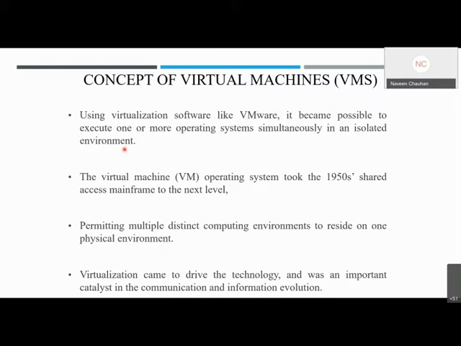Whenever we are talking about VMware kind of software, you can think of the advantages associated with it. Within a single environment, we are executing one or more operating systems simultaneously. This facility is given by virtual machines, which permit multiple distinct computing environments to reside in one physical environment.